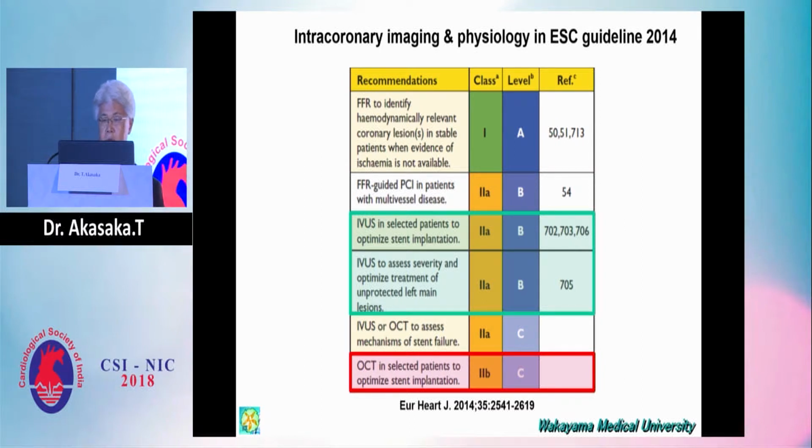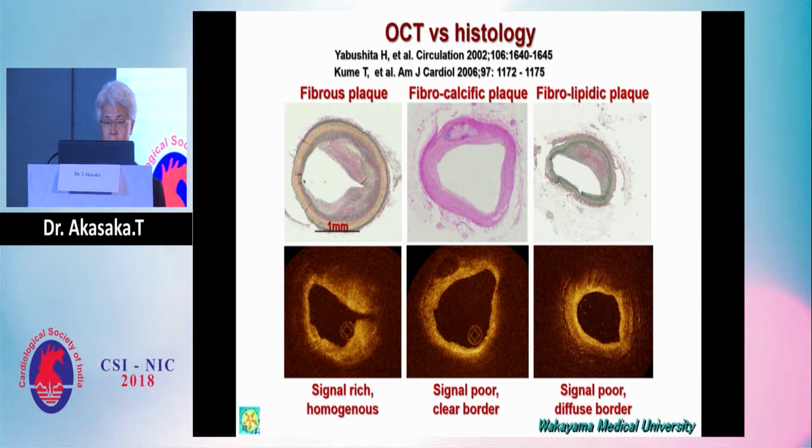But as you may know, I already explained, the OCT has a much higher resolution and makes it easy to demonstrate the tissue characterization. In a case with a fibrous plaque, OCT demonstrates signal-rich homogeneous, and calcium, you can identify signal-poor clear border. It's quite easy to delineate.